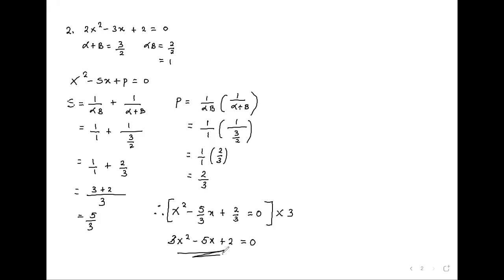Okay, question 3, determine the nature of the roots of the following.